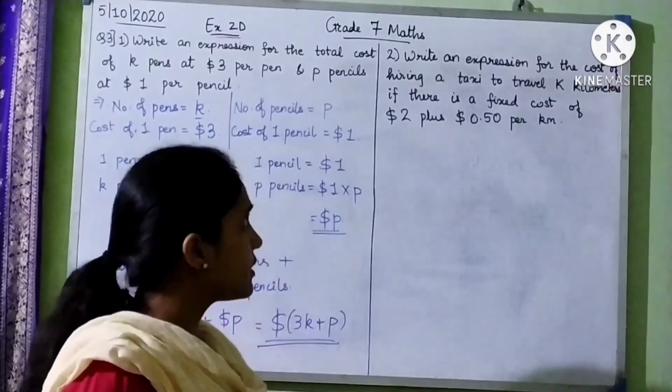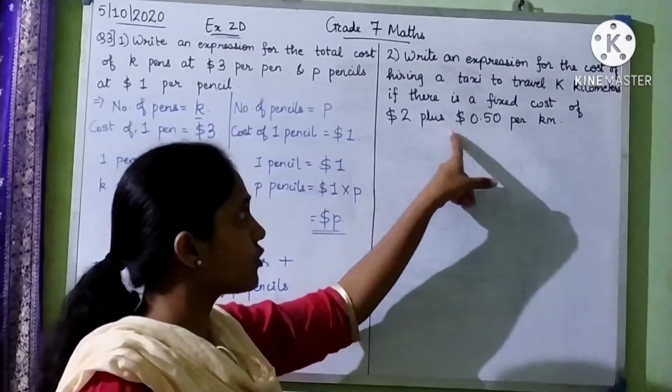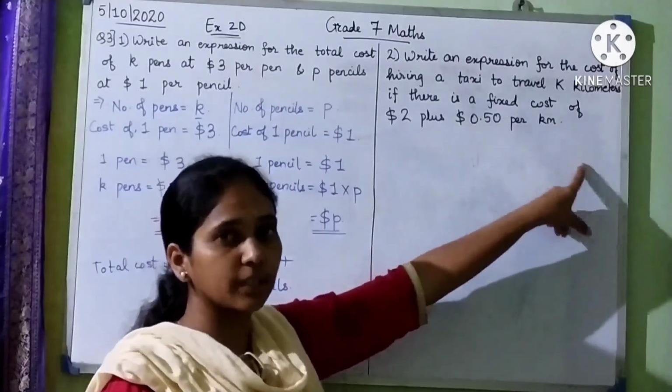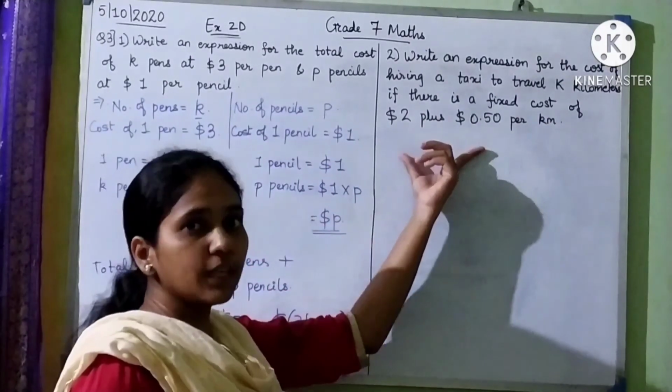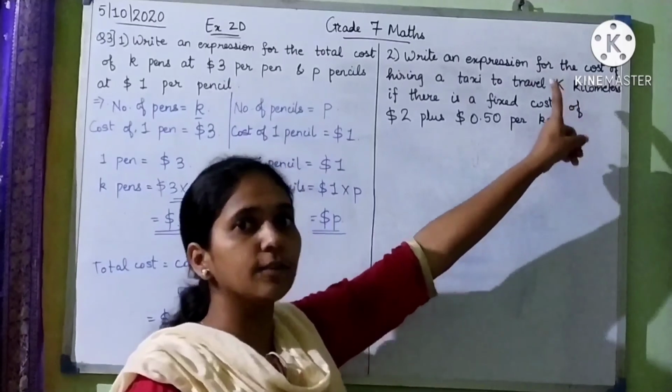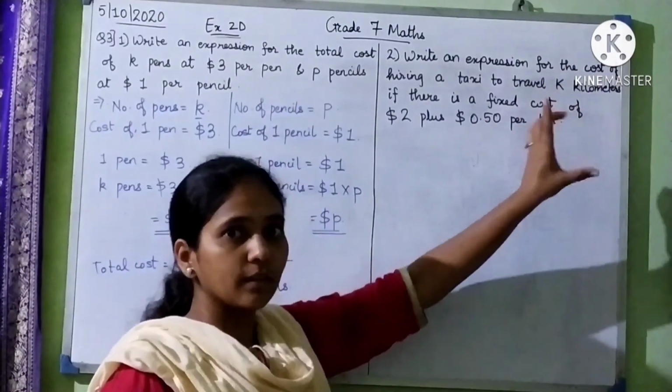And that amount is $2 plus $0.50 per kilometer. That means for 1 kilometer he has to pay this much amount. So if he is traveling for K kilometers, he will have to pay this much amount multiplied by K dollars.